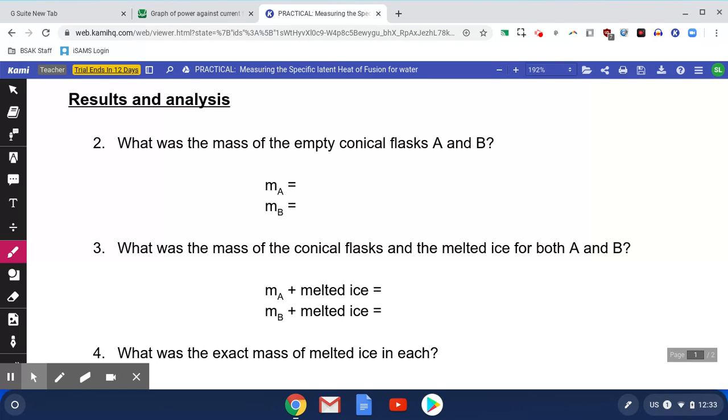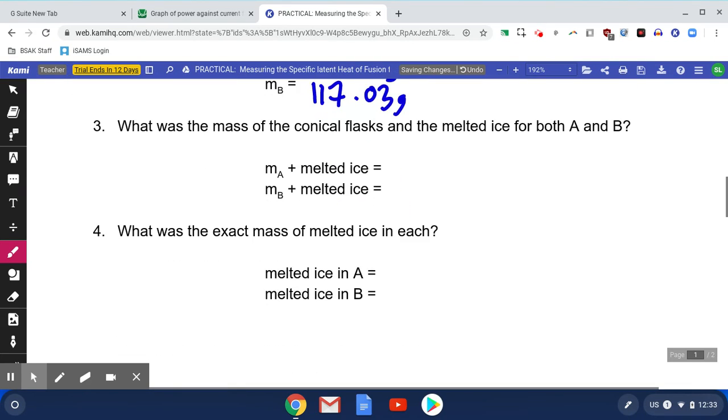So we had two conical flasks, didn't we? We had conical flask A and B. So A, I think that was 97.56 grams, wasn't it? And B was heavier, 117.03 grams. So that was the mass of the two beakers. All right.